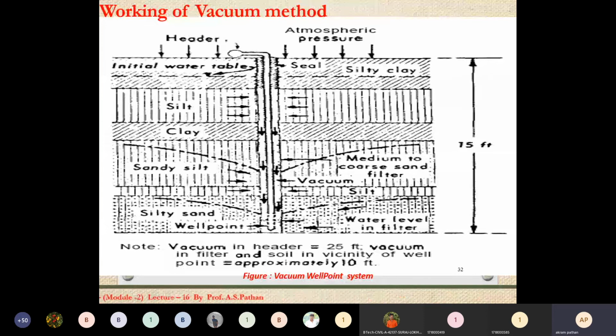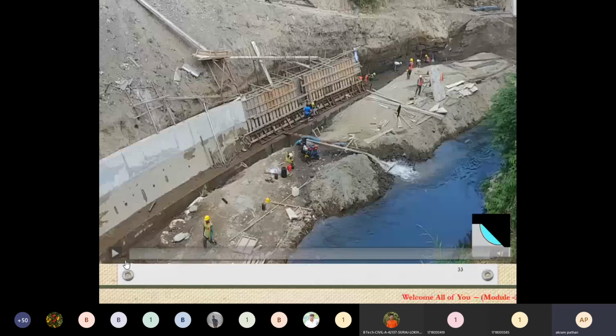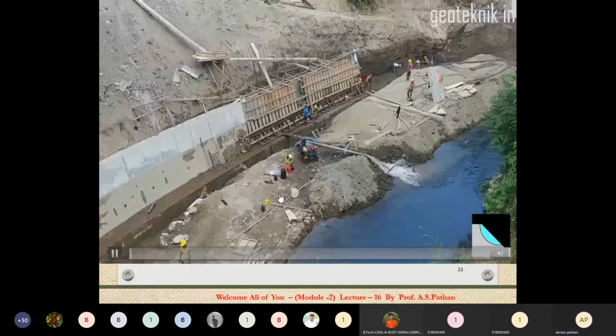Okay. Here I would like to show you how the dewatering process of a retaining structure will happen.